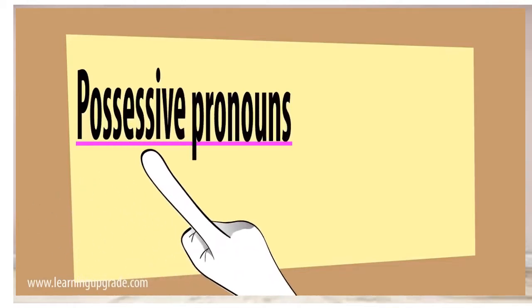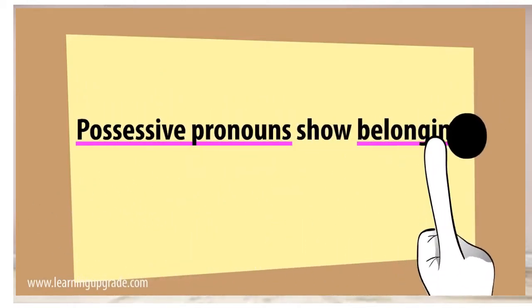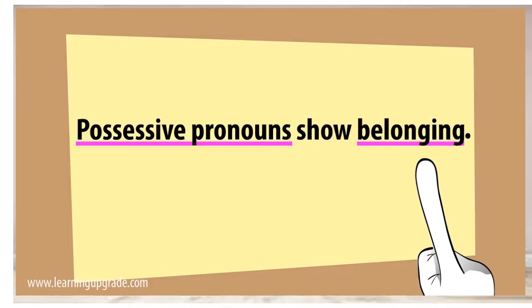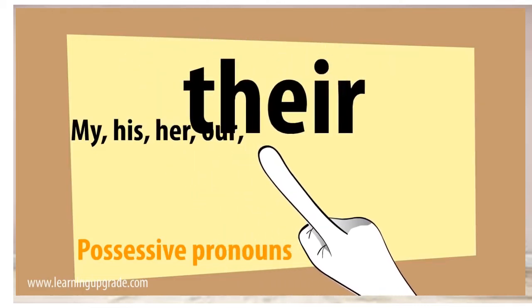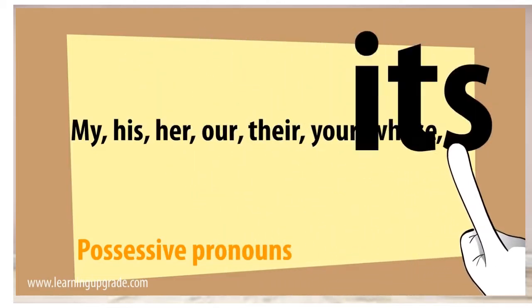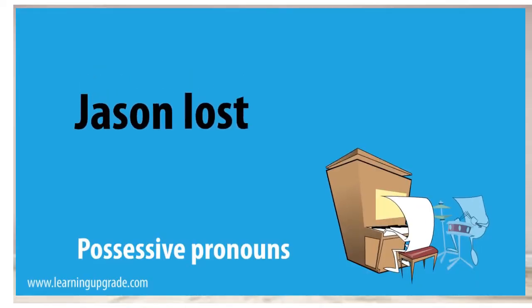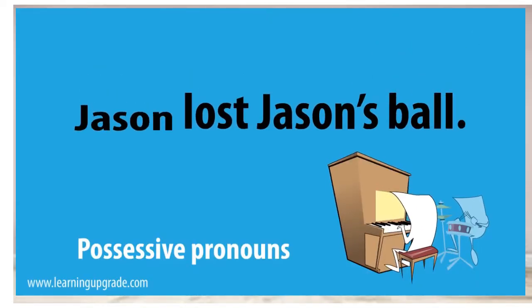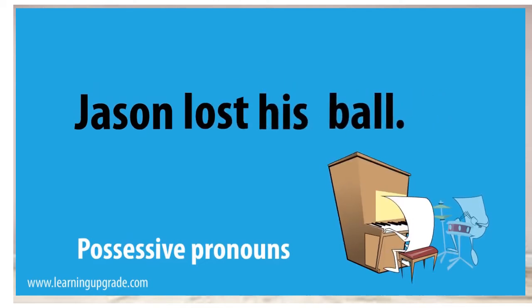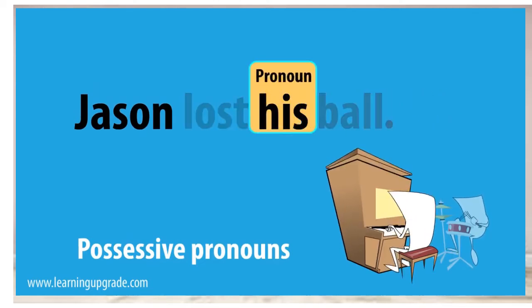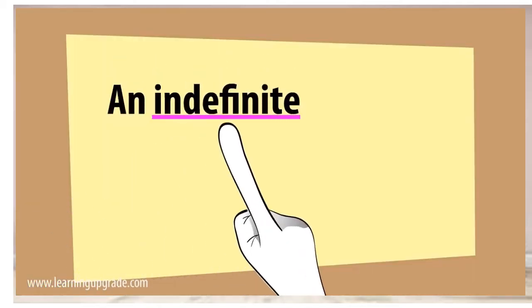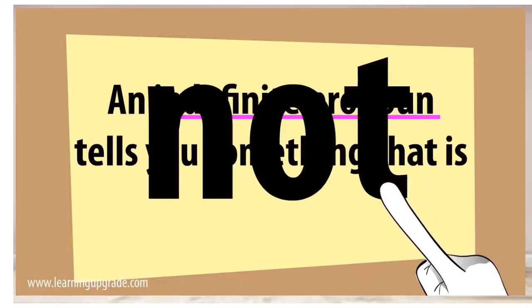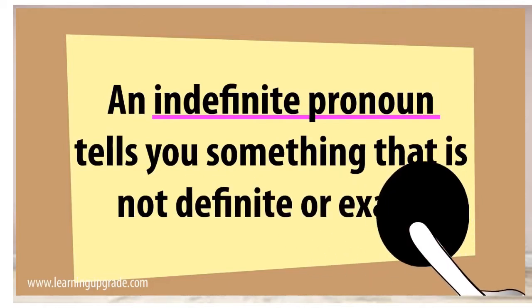Possessive pronouns show belonging. My, his, her, our, their, your, whose, its. Jason lost Jason's ball. Jason lost his ball. The pronoun his takes the place of the noun Jason. An indefinite pronoun tells you something that is not definite or exact.